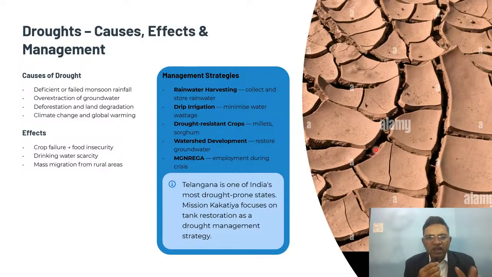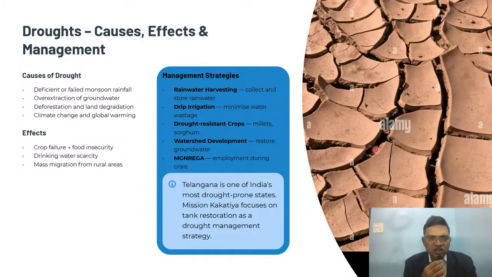So Telangana is one of India's most drought-prone states. So Mission Kakatiya, Mission Bhagiratha focus on water storage. Okay, so in order to manage the drought, this is the management strategy.